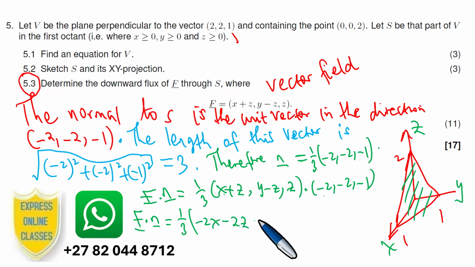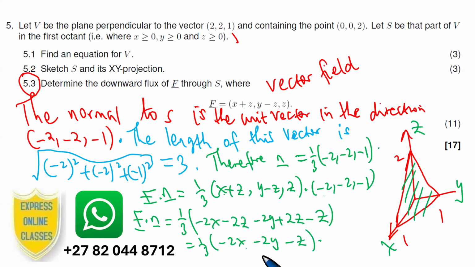You dot this and that, which is minus 2y plus 2z minus z. 1/3 of the following: minus 2x minus 2y minus z. Because now when you have the minus 2y and the minus 2x, the minus 2z plus 2z is 0, which gives us minus z.